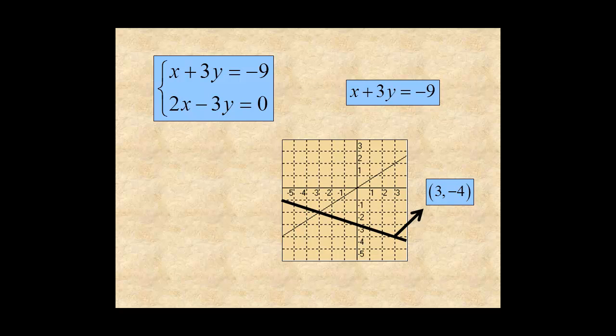If you substitute x = 3 and y = -4 into the equation, you get 3 + 3 times -4, which is 3 - 12, which is -9. And you can see that the coordinates of the point are solutions to the equation. And it's not just this one point, but the coordinates of all the infinite number of points on the line are solutions to the equation.